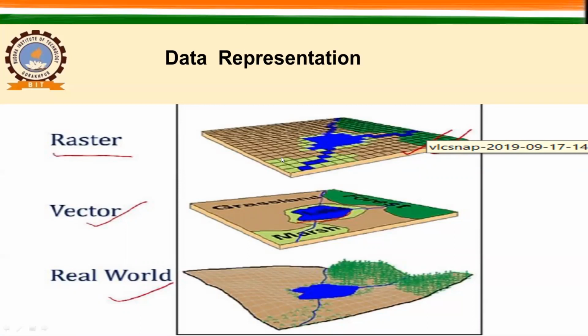So vectors are good to define the boundary of any class, but the local variation can be better depicted by the raster. So if you want to represent your study area in a better manner, then you are supposed to integrate raster and vector together, so that it will be close to your real surface.